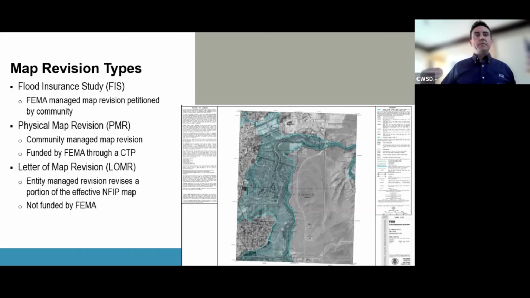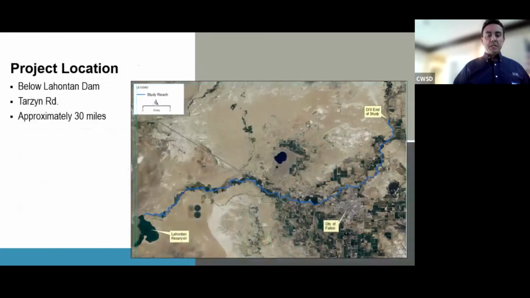That's managed by a local entity or a private party. It's not funded by FEMA, and it's typically a smaller scale. And there's a different process and a different time frame for all of these different map revision types. So we're going to be talking about the physical map revision, because that's what the Carson Water Subconservancy is going through right now.